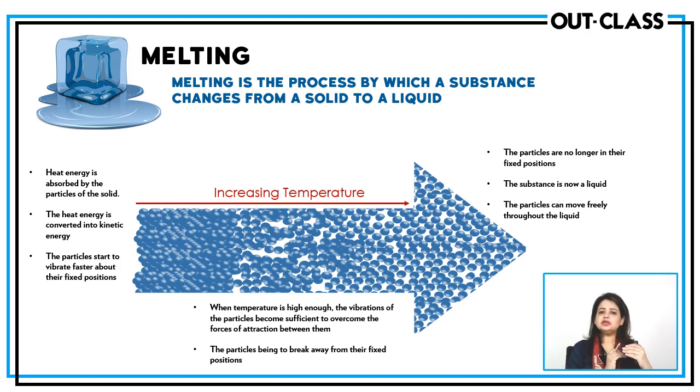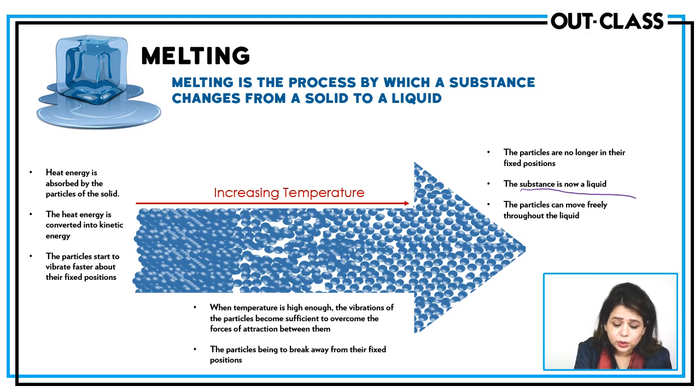When its temperature reaches near its melting point, the particles have gained so much energy that they overcome the forces of attraction, break away from their fixed positions and change into a liquid state, moving in groups and clusters from one place to another. So this transition you have to explain. This is the melting point where actual melting is occurring.